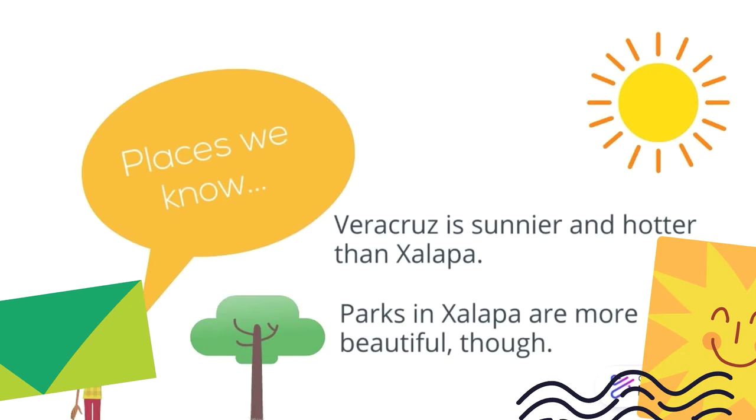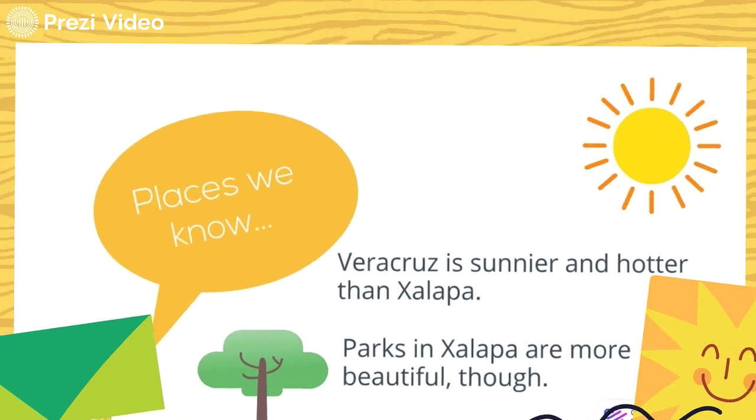We could say that people in Veracruz are more fun than people in Jalapa. I don't know if that's true, but it seemed like a good example, okay? So we can make different examples using different information. Here the idea is that we are comparing two places that we know. In the first example, we were comparing two pizza places, two pizza restaurants, two kinds of food, or well, two different meals, and here we are comparing two different places.